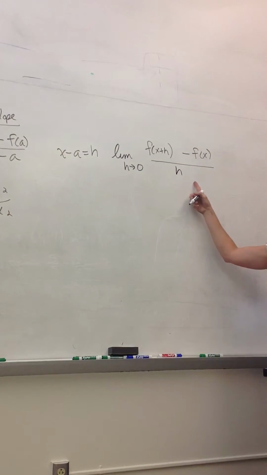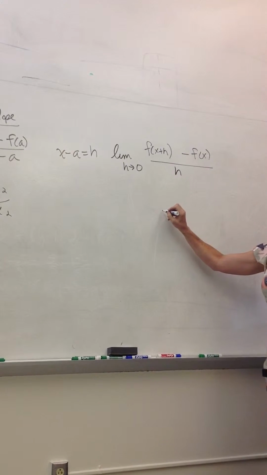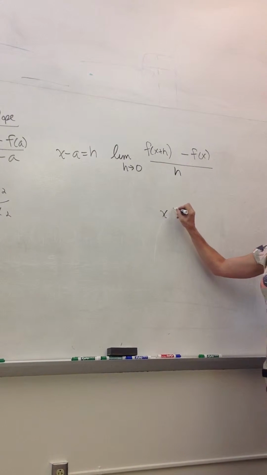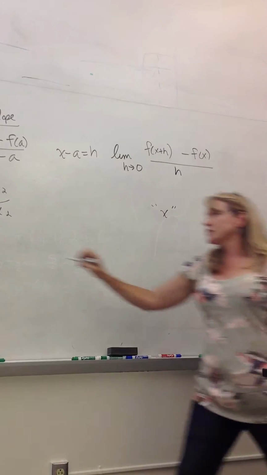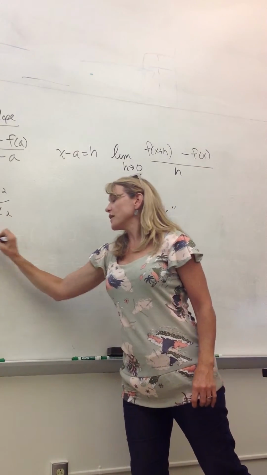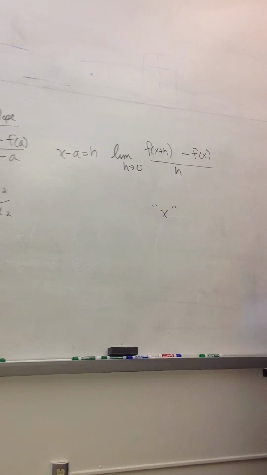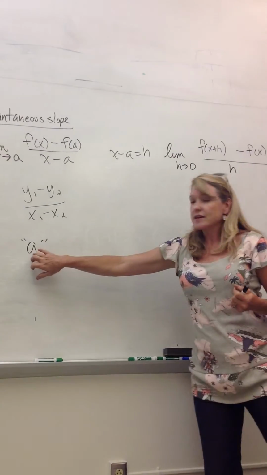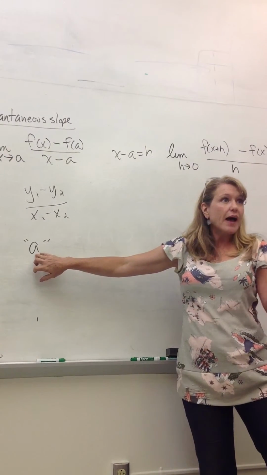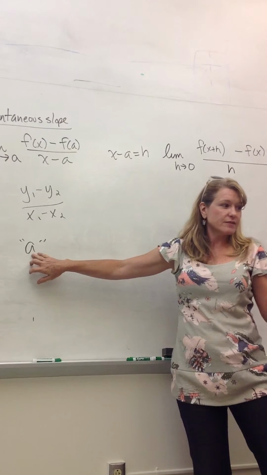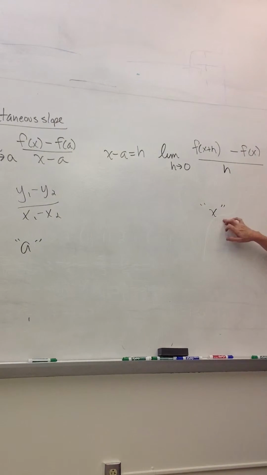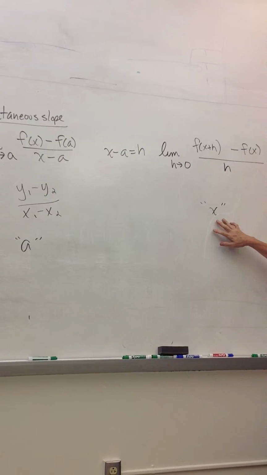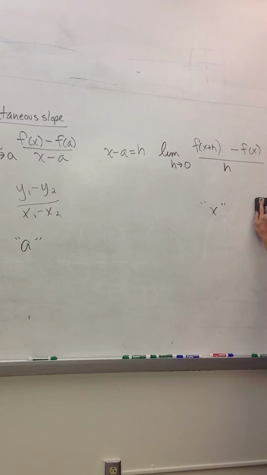The benefit of this version is that when you get done, you end up having x in the formula, whereas you're going to end up with a in the formula with that version, but it's not a big deal because a is just representing some x that you're interested in. Okay, if you do this version and then you want to use it, you're going to plug in some special number for x anyway. So they are both saying the same thing.